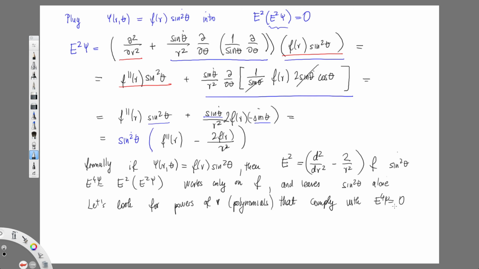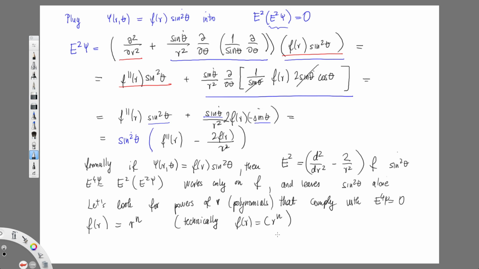So then I'm assuming f of r is some constant times r to the n. Of course I could have a constant multiplying it, so I'm just going to look at this power, but we will assume that we have a constant. So technically f of r is a constant times r to the n.